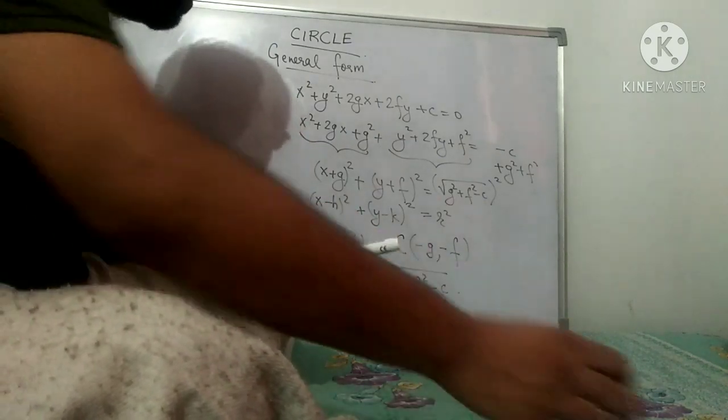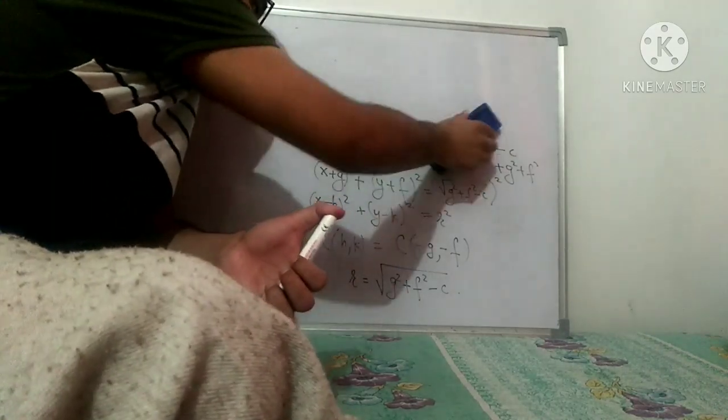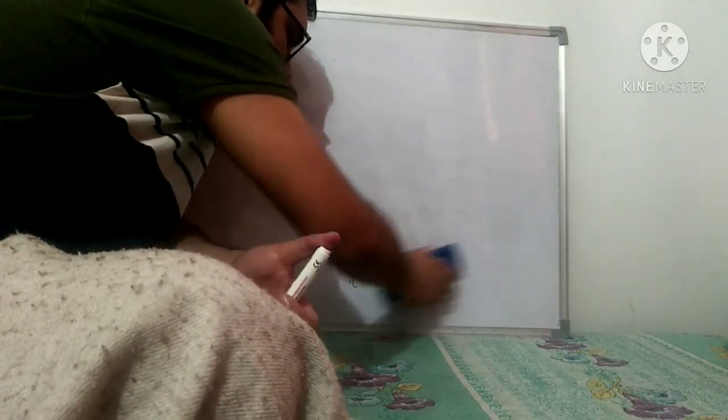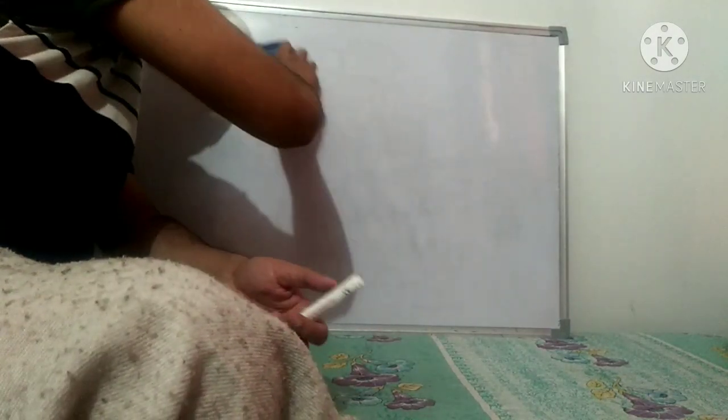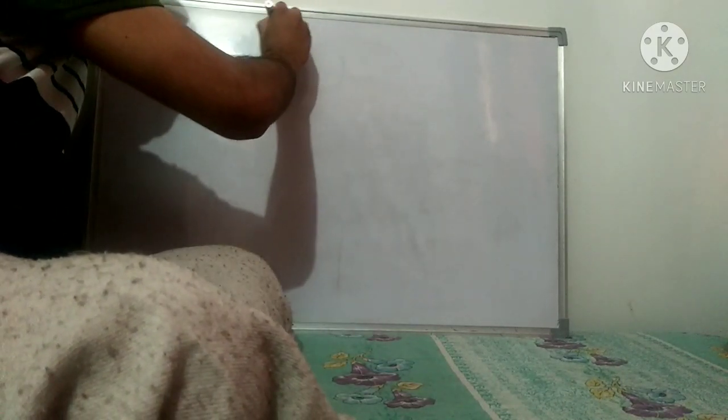Now let's do some problem related to finding the center and radius of a circle. Let's do one example.